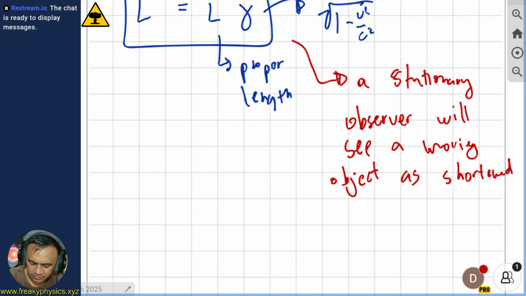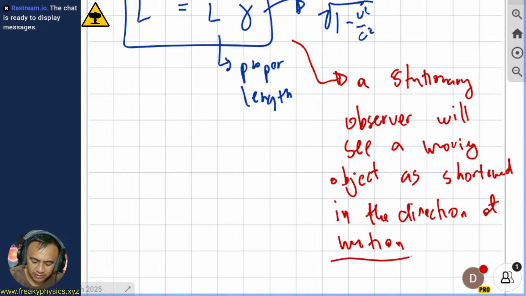Shortened by what factor? Or rather, the factor's already given by gamma, but let's just do the other one: in the direction of motion. Okay, so that's the key part here.